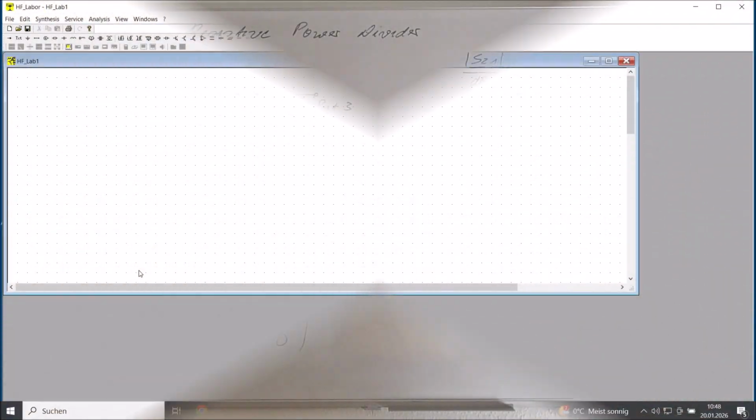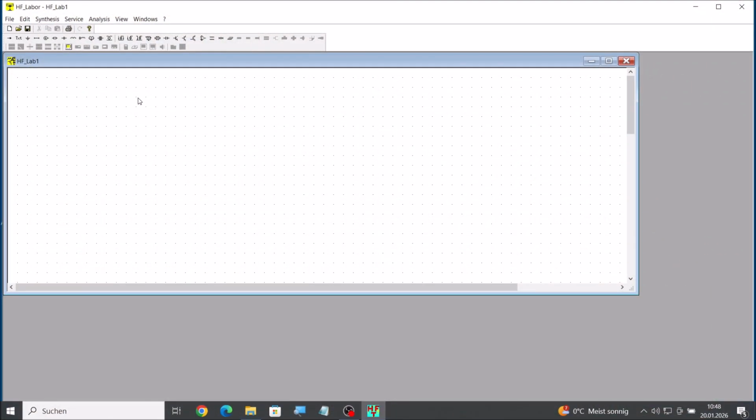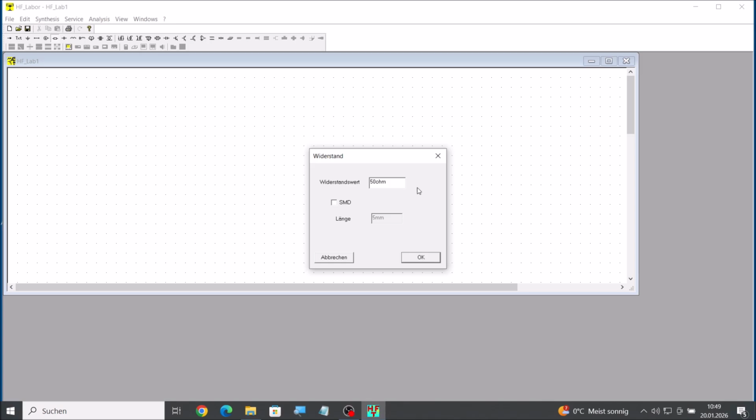For the simulation of our resistive power divider I use a simulation tool, which, as you know, you can download from my homepage, which is connected to my YouTube channel. In the first step we take the resistor here, and we know that this resistor must have a value of 16.6 ohm.